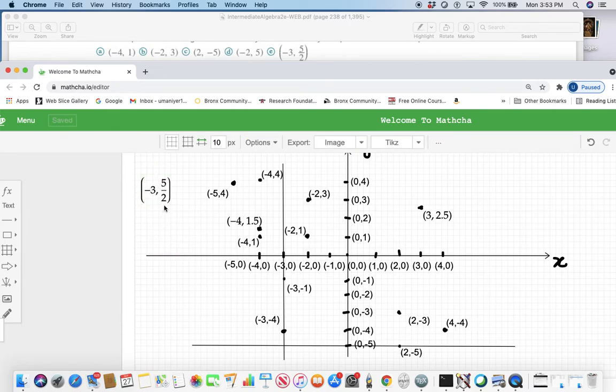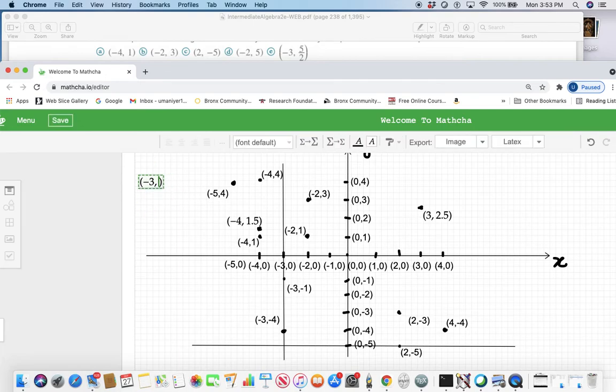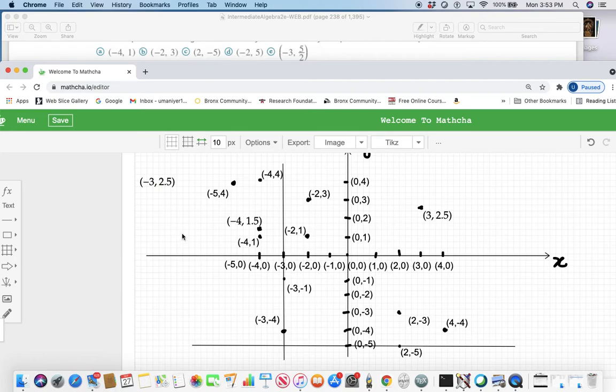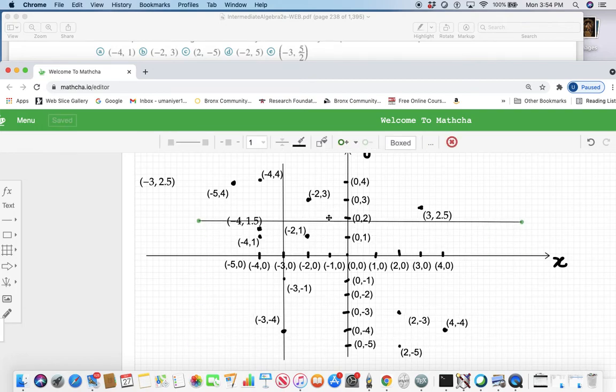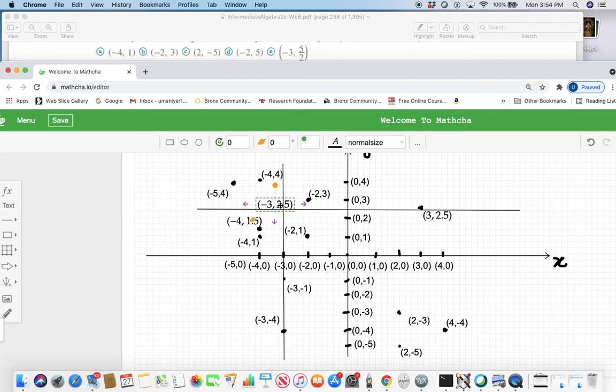What does 5 over 2 mean? 5 over 2 means 2.5. So let me write it as 2.5. On the x coordinate, negative 3. Okay, I have a line at negative 3. And on the y coordinate, it should be positive 2.5. So I need a line there. There you go. So where they meet is your point negative 3, 2.5.